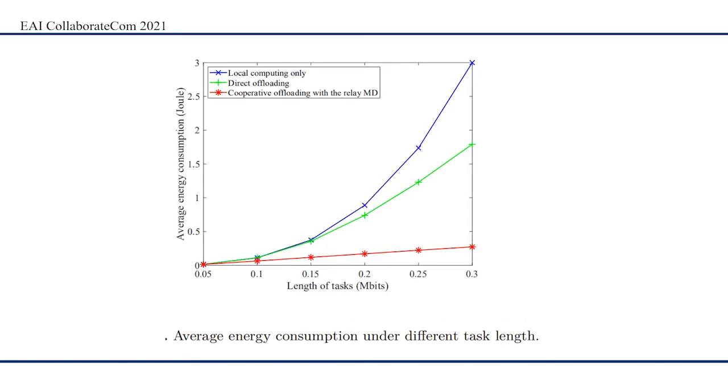This picture shows the relationship between the task length and the average energy consumption when the delay constraint is set to 0.3 seconds. Experimental results show the average energy consumption increases when the application task length becomes longer.